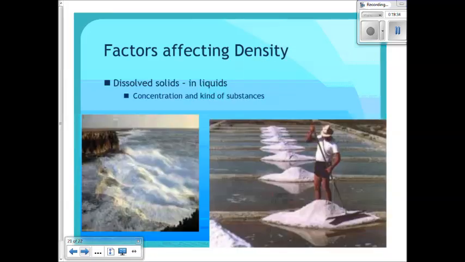Another factor affecting the density is whether or not you dissolve something in the solution and make a mixture. If you do, you're packing in more particles, so the density obviously would change. Pure water is not the same as salt water. Definitely have more particles in the salt water than in the pure water. So the density would be more than just regular pure water.